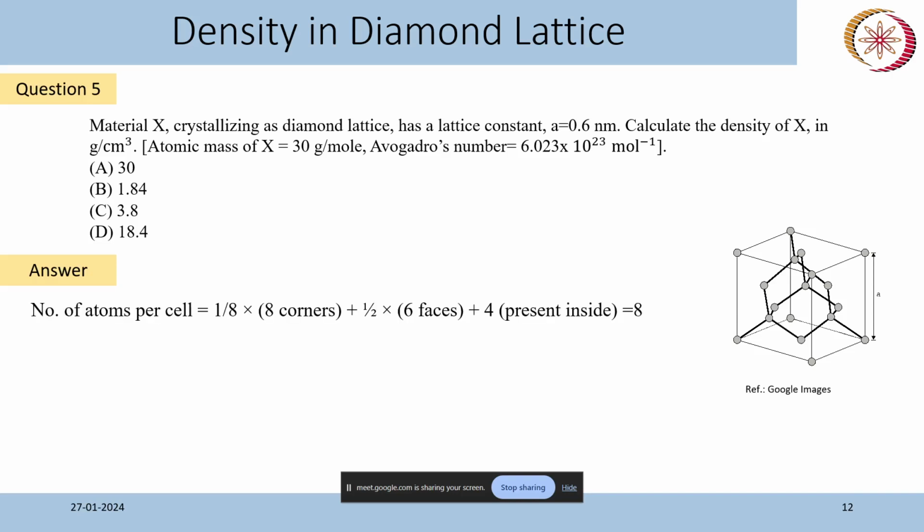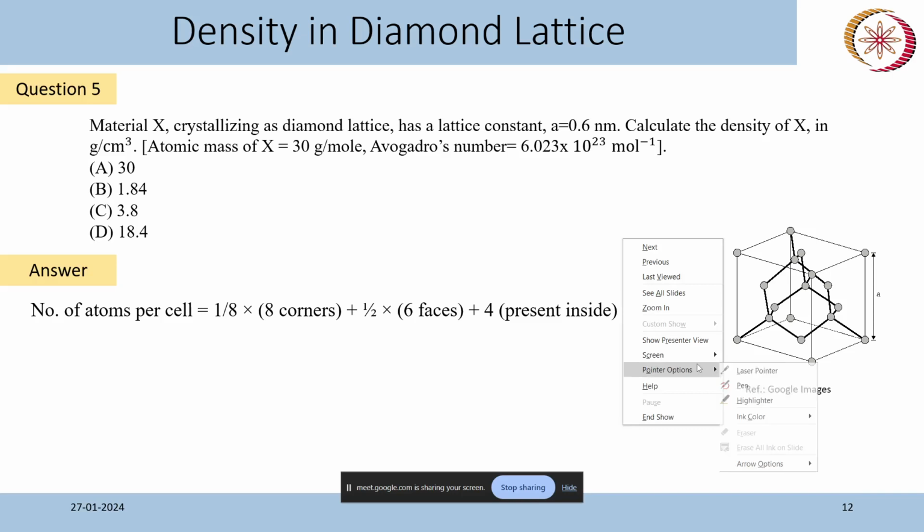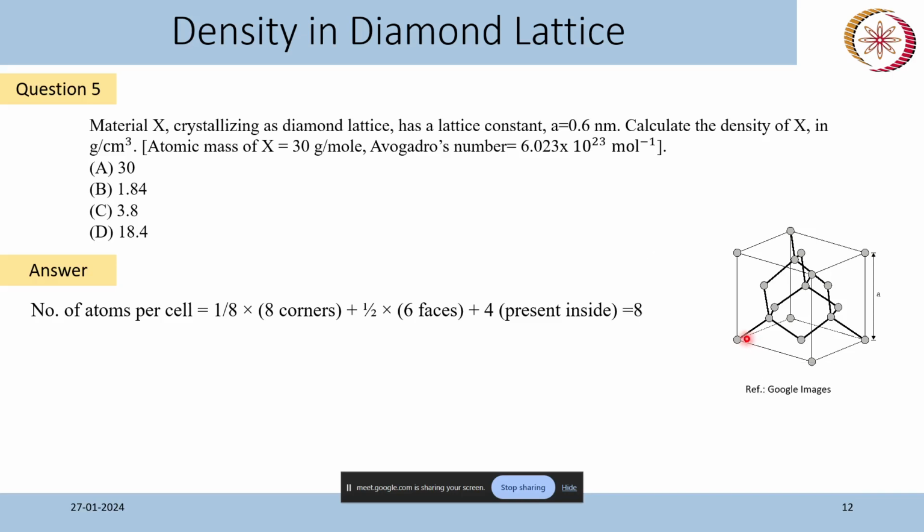So let me explain for others also. So the steps will be, first we should know the number of atoms per unit cell. So how is it calculated? This is unit cell for the diamond lattice. So there are 8 corner atoms, and these 8 corner atoms are shared by 8 cells.